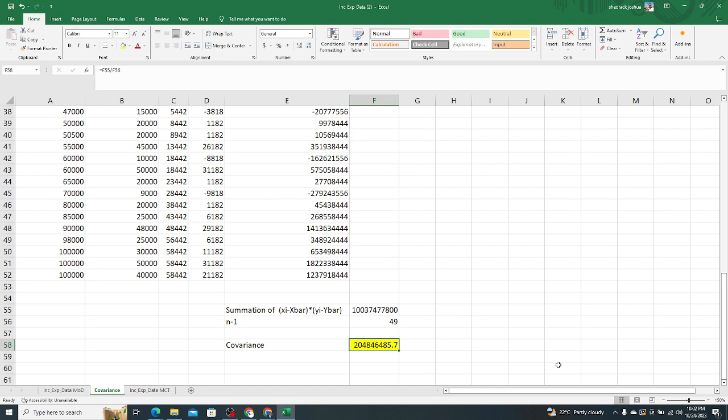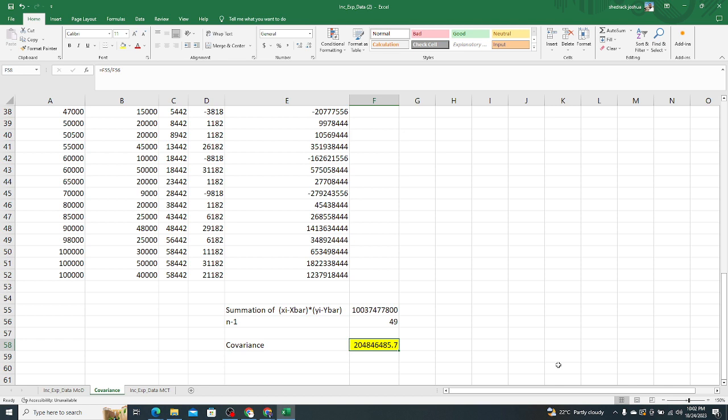Meaning that on average, an increase in income triggers an increase in the expense. Whenever income increases, expenses also tend to increase. So basically that's what this means.